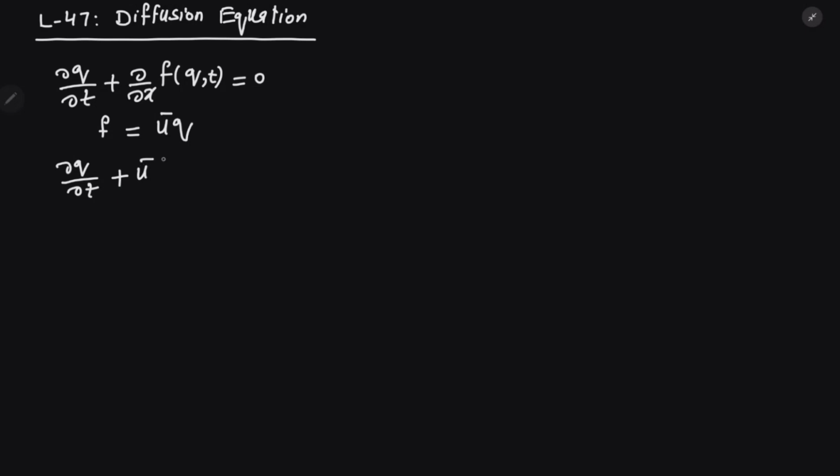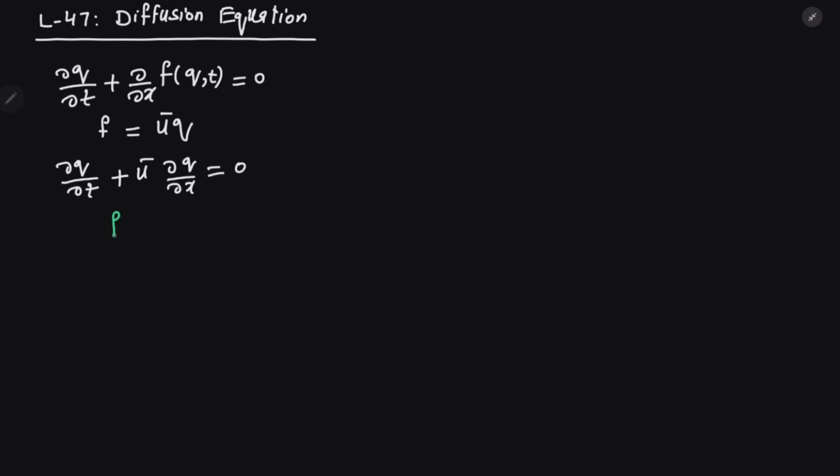For example, if we have a general conservative form for a first order method, and I replace the flux with u bar q, then we get partial q by partial t plus u bar partial q by partial x is equal to 0. This was the advection equation.